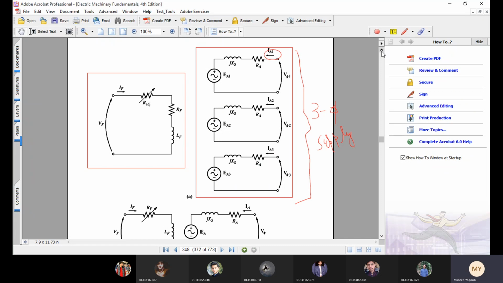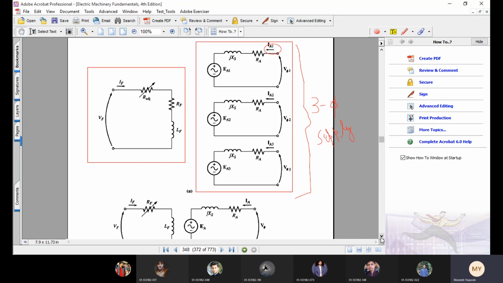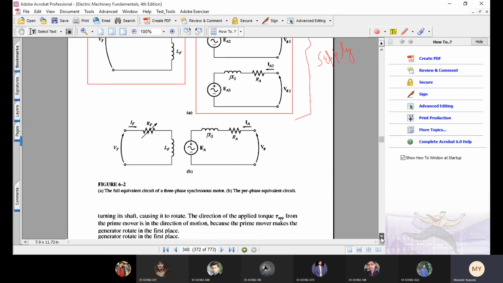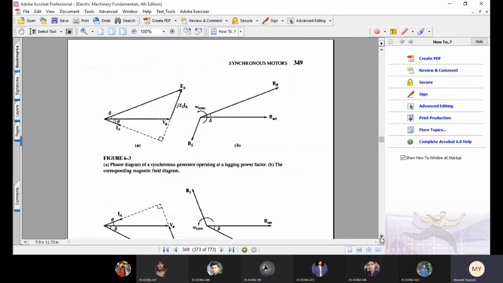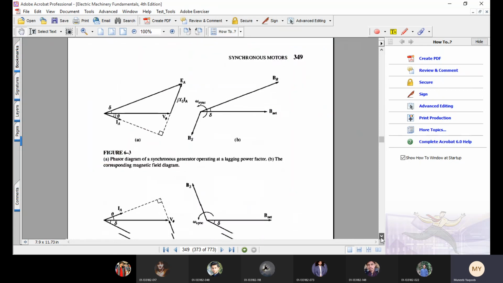So if you do not mention these things, marks deduction can obviously be done for this mistake. Okay. So this was all about the equivalent model of a synchronous motor.